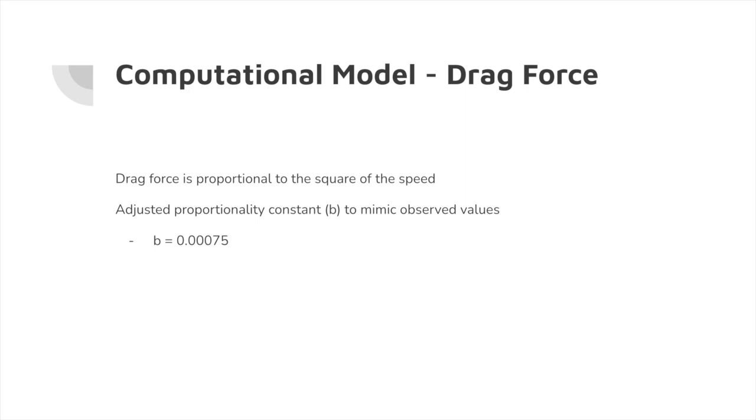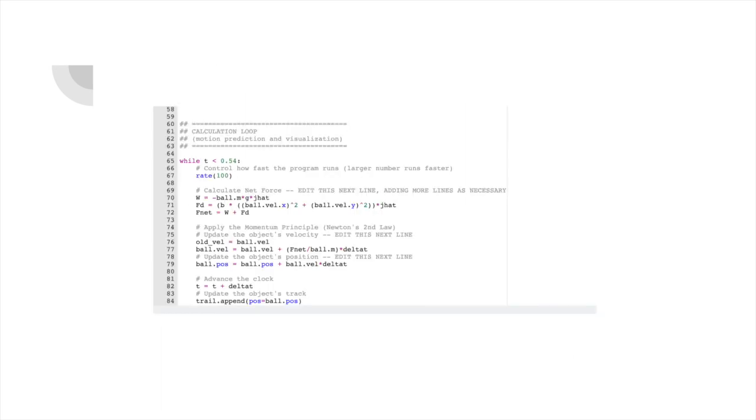So this is the proportionality constant that I use, so I get close to the observed values when accounting for drag force in my model. This is another snippet where you can see how the drag force is being added right here, and it's just to show that the drag force is now being added to the net force.